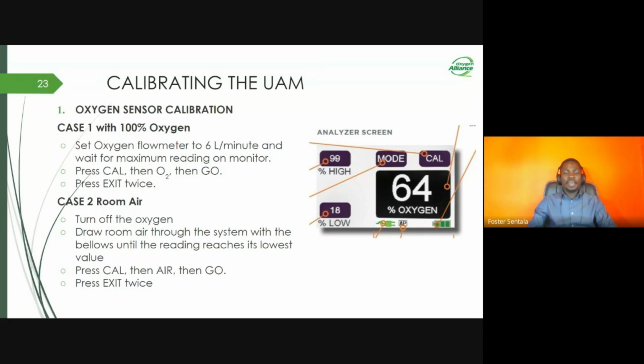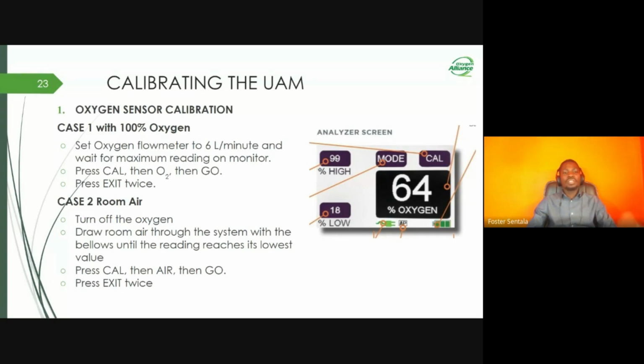The same procedure can be done using room air in cases where you don't have 100% oxygen supply, whether you're using an oxygen concentrator or the machine is operating on draw over. So you calibrate using room air, 21% calibration.